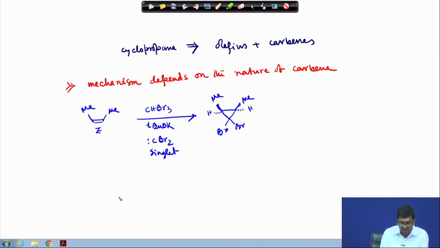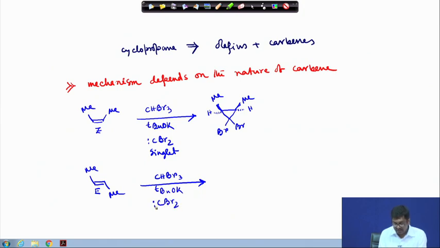Fine. Now, if we take this E olefin under similar conditions, that means with this singlet carbene, what we found is the product is like this.